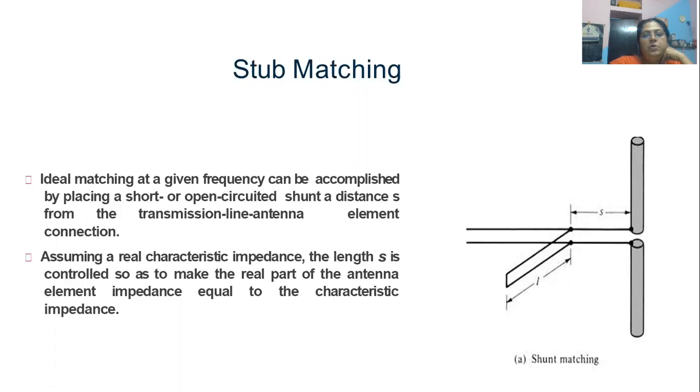So if we want to match the antenna with the transmission line, we have to match the load. For this load matching, we will connect a shunt line whose points represent the matching of the impedances of the antenna with the transmission line.